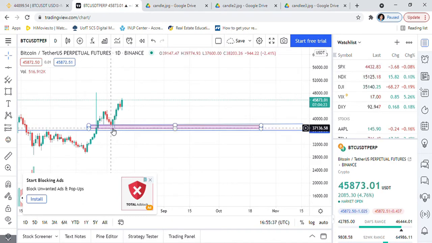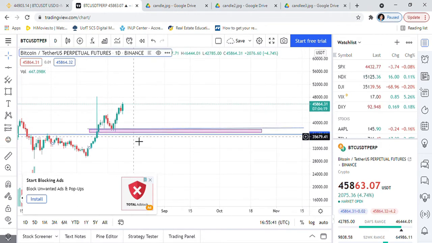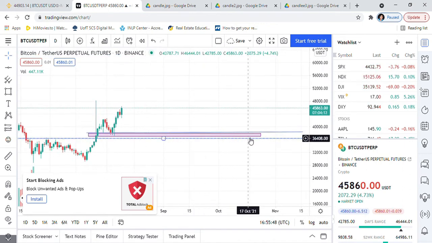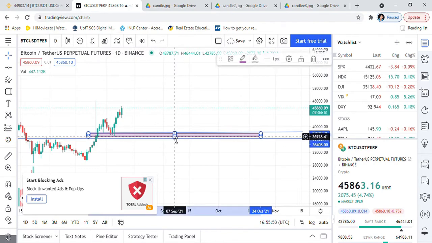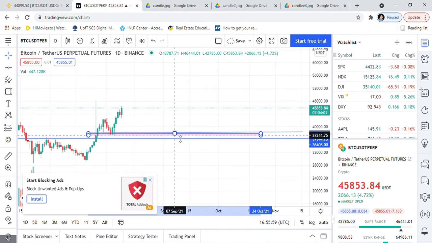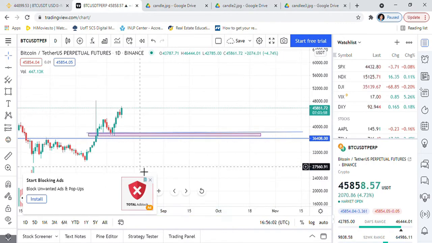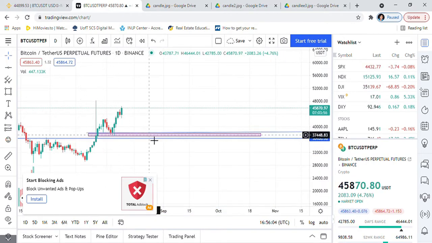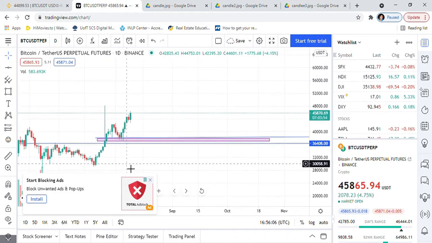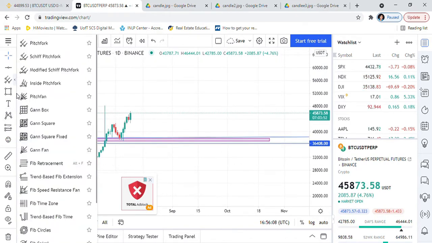So when I hover on that, I draw this rectangle here, and then for the wicks, I draw the line at the lowest wick. Okay, that's the zone. So I identify that as a support, and then resistance, same thing.